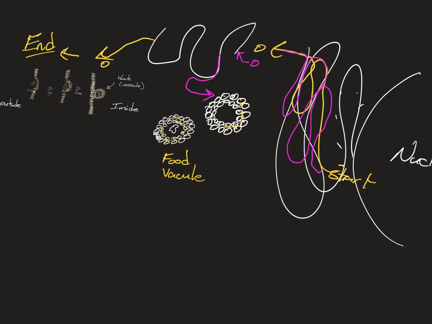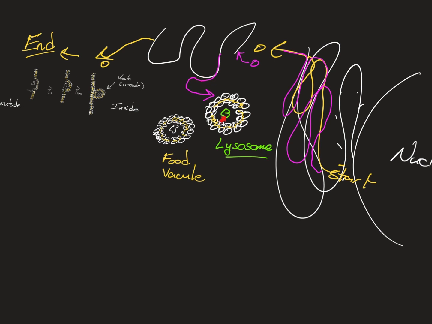They break anything that they come into contact with down. And these enzymes sit inside here. This is an organelle called a lysosome, and this is full of digestive enzymes. It came from the Golgi body.